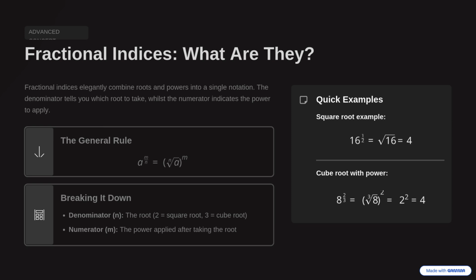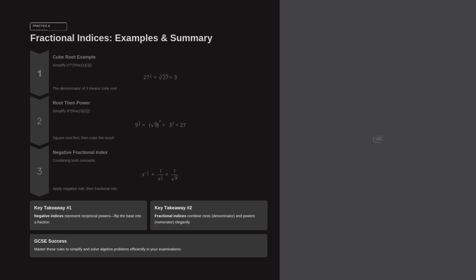If we do the root first, cube root of 8 gives us 2, and then we just square it because there's a power of 2, so our answer is 4. So don't panic when you see fractions in indices, it's just very nice and easy, okay? Root first and then power, that's the main bit you want to remember.